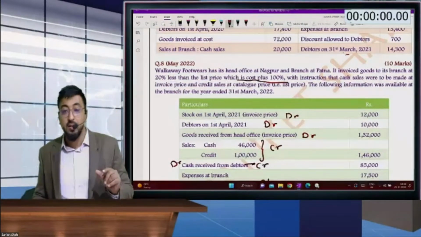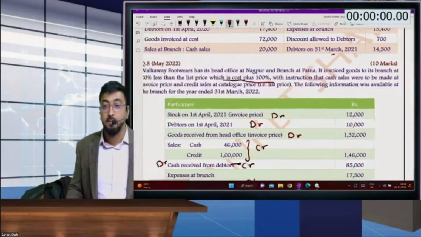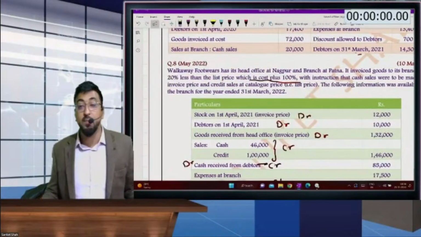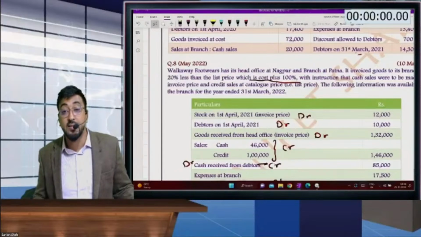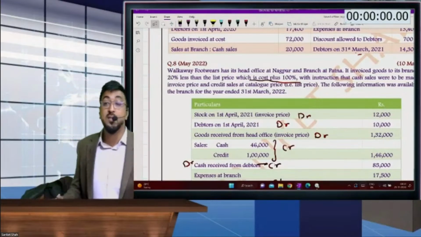Now here it is not clear whether it invoices goods to the branch at 20% less than the list price, which is cost plus 100%, or the invoice price is cost plus 100%.